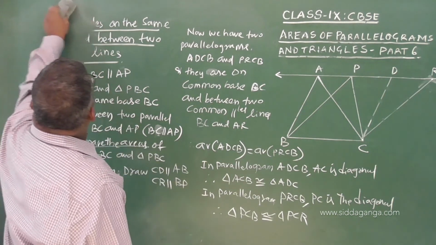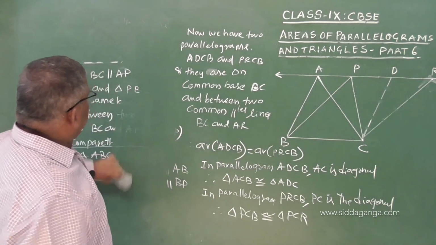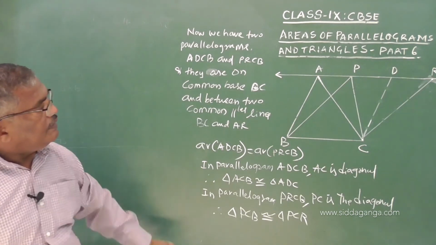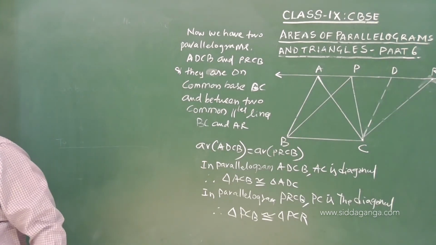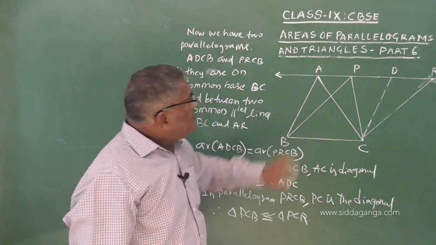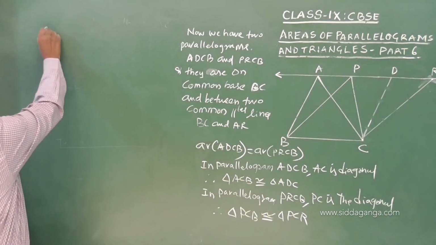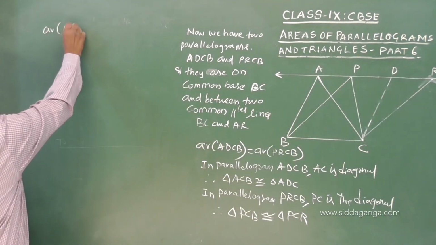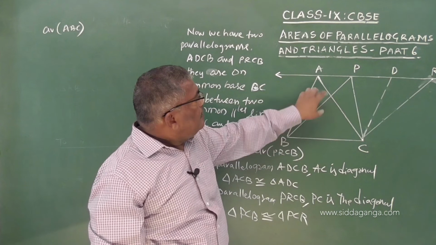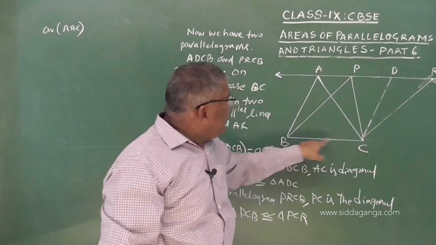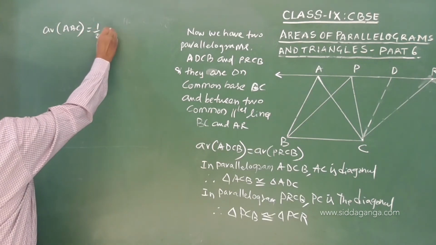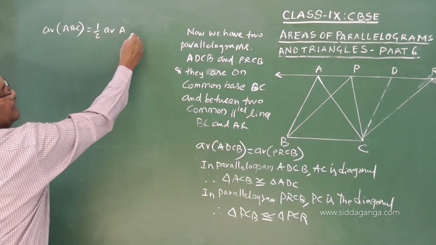Now, area of triangle ABC is half of area ADCB.